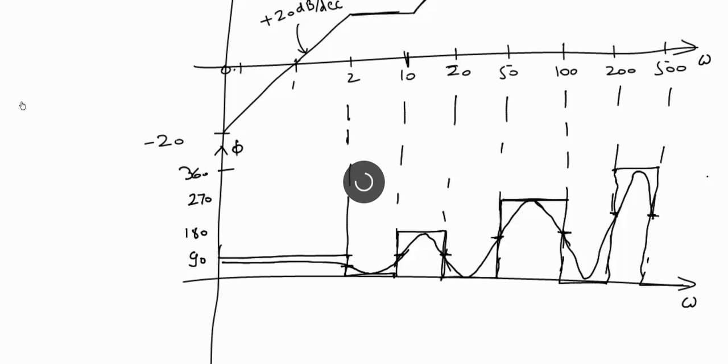Now there are certain things which have to be found, like first is change in slope. So let me consider a few questions. So in the above Bodeplot, what I have to do?